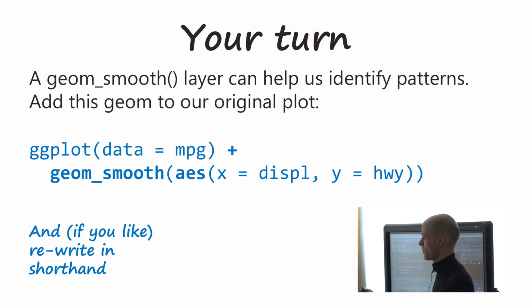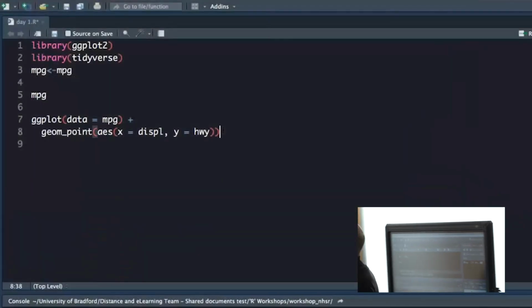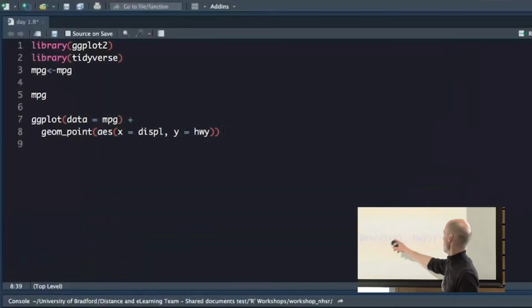So a geom smooth layer will help us identify patterns in our data, and I'd like you to have a go at adding this to our original plot. So as you typed here, you've got mpg, geom point here.